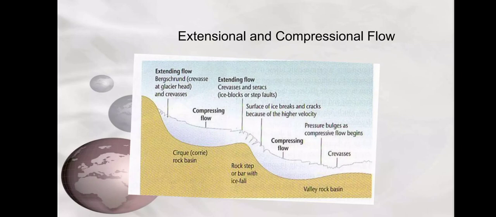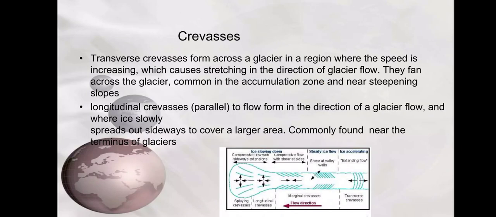Extending flow crevasses and seracs, ice blocks or step fall. You have also here the compressing flow, then the crevasses. So valley rock basin, we have the rock step or bar with ice fall, then the cirque rock basin, so the base of the rock. So that is for the extensional.